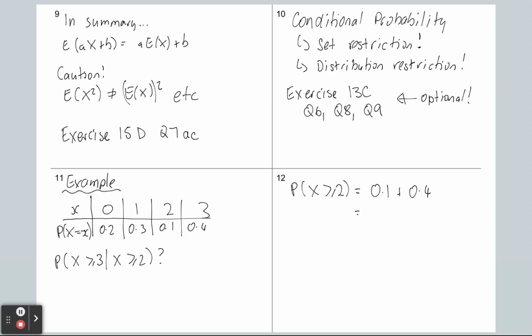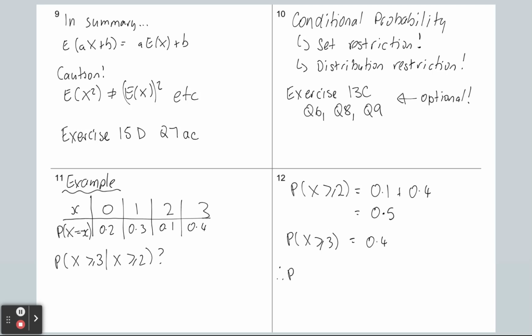So we end up with a probability of 0.5, like so. Then we work out the probability of x greater than or equal to 3, and that is just 0.4. It's the same as the probability of x equal to 3.